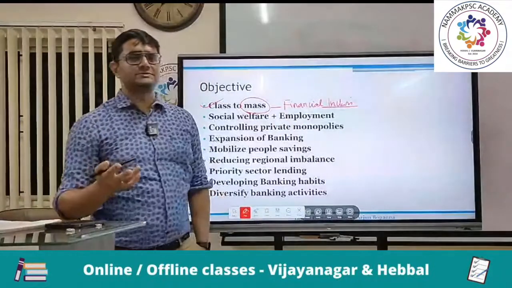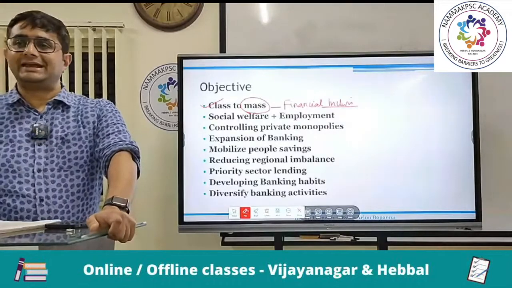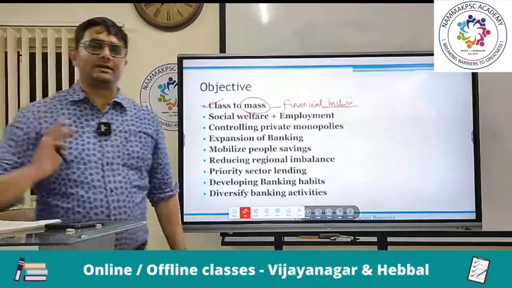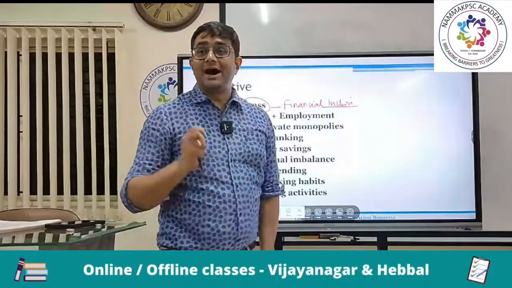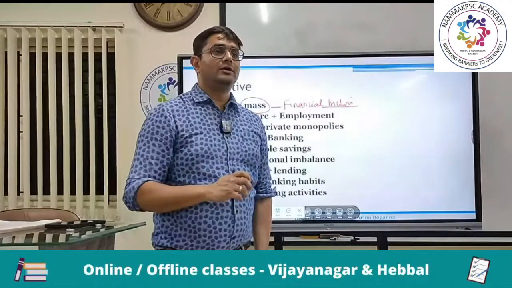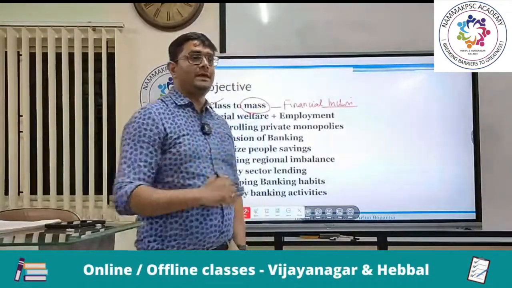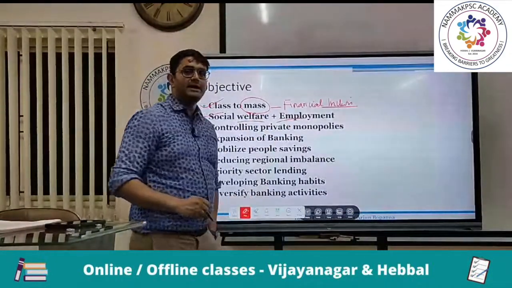So many schemes after nationalization of banks, like the lead area banking scheme, were introduced. Many branches were opened in the rural, unbanked areas, and it improved banking activities, promoted social welfare and thereby employment.